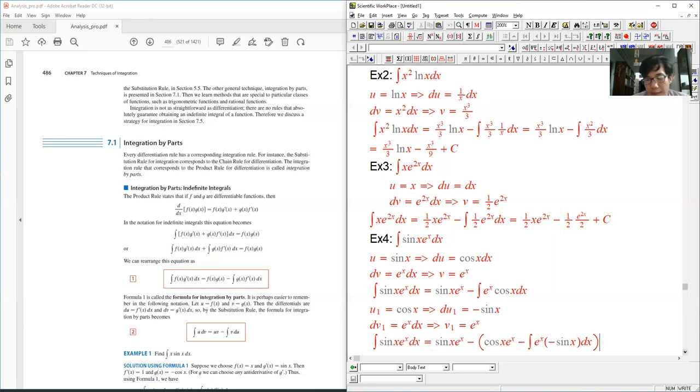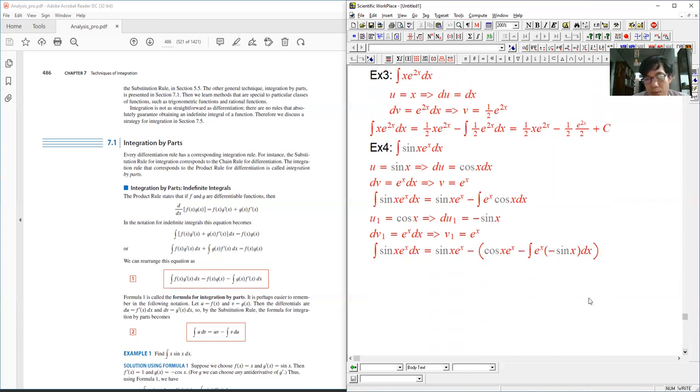So we can see that the form of the integral repeats again. We omit the bracket and change the formula, and we move this side to the front.